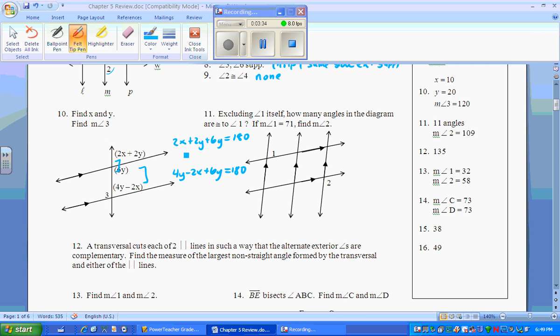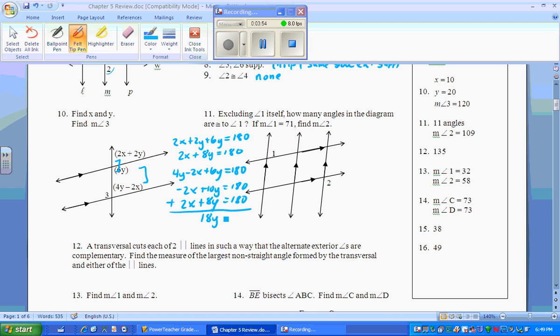So up here, we get 2x plus 8y equaling 180. And down here, we get negative 2x plus 10y equaling 180. We don't have to multiply by anything because they are opposites of each other already.